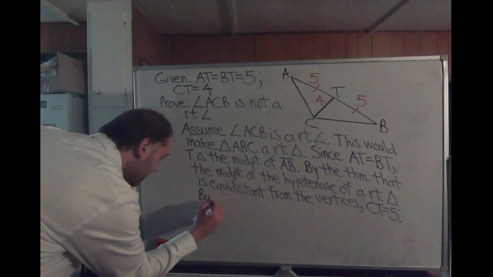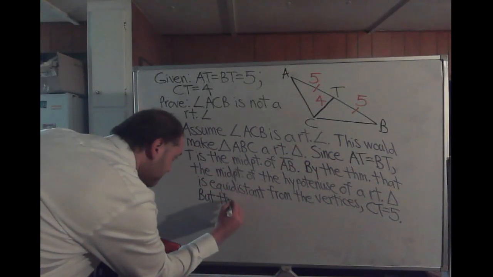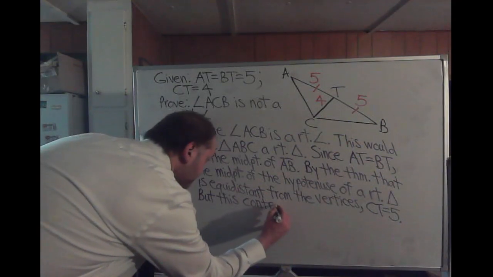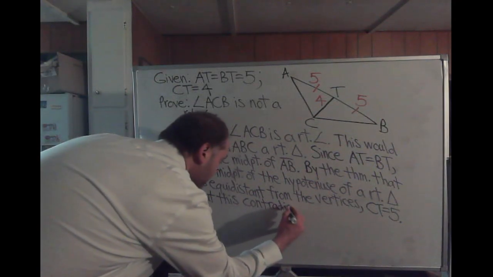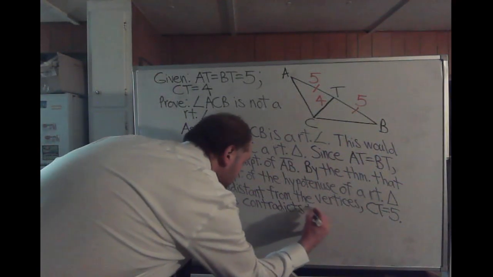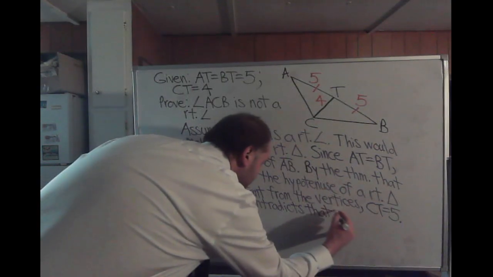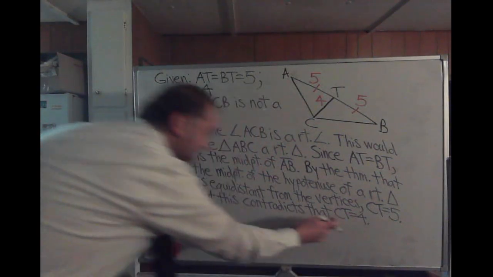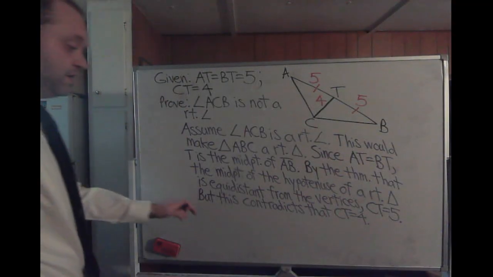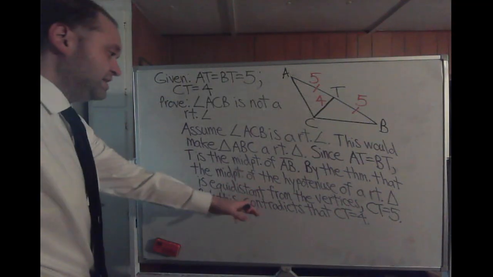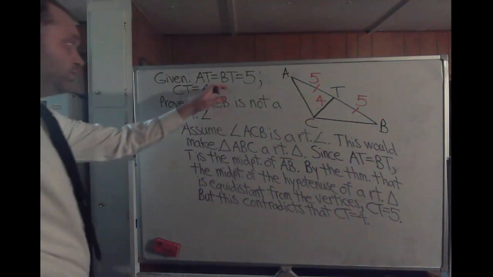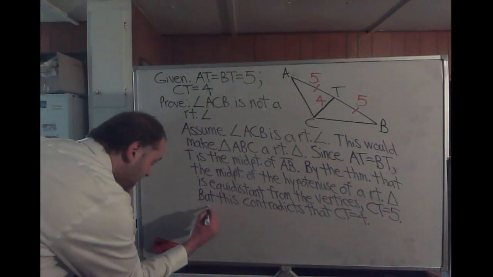But this contradicts that CT equals 4. So we've established the contradiction: what we got, CT equaling 5, contradicts that CT equals 4 in the given information.